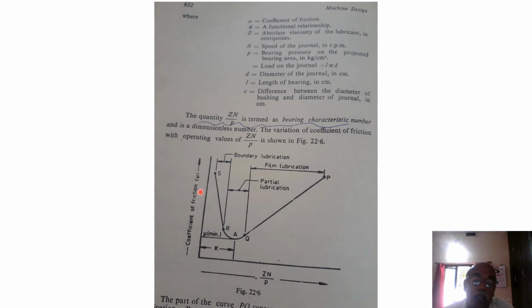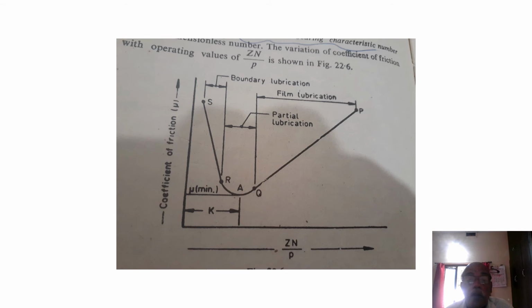Therefore the variation of mu with respect to ZN by P is located in the form of three regions: either boundary lubrication, partial lubrication or film lubrication. The same figure is shown again to make it more clear. The coefficient of friction has already been derived based on basic science.